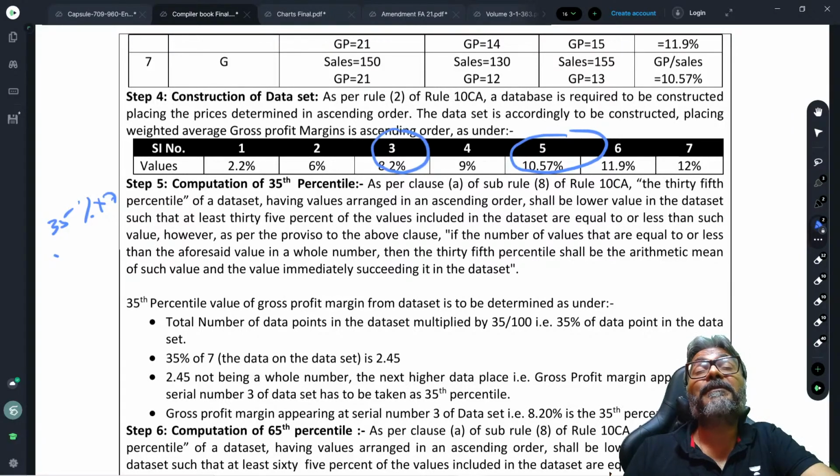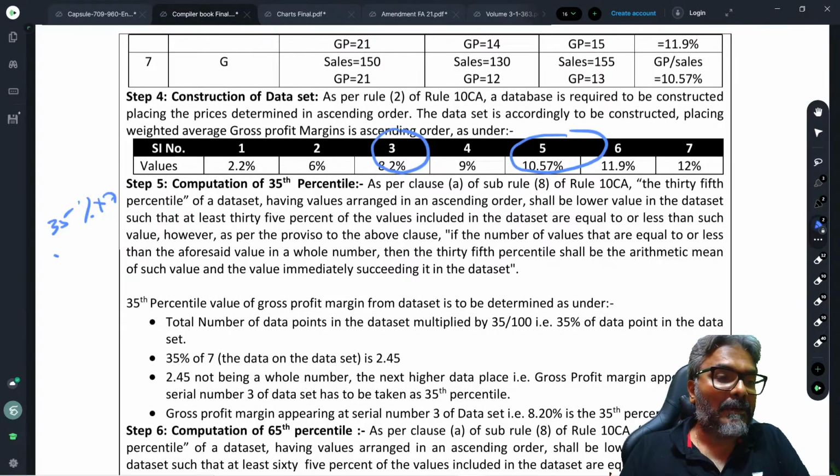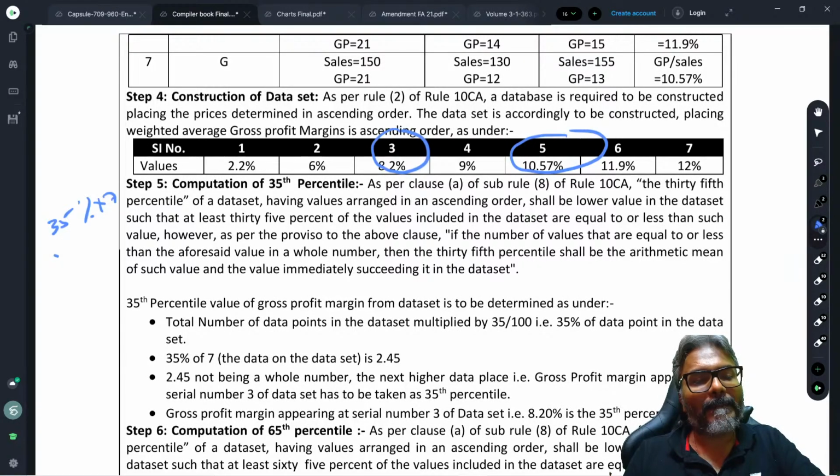Against this range, students, what is the percentage that you have? 2% only.